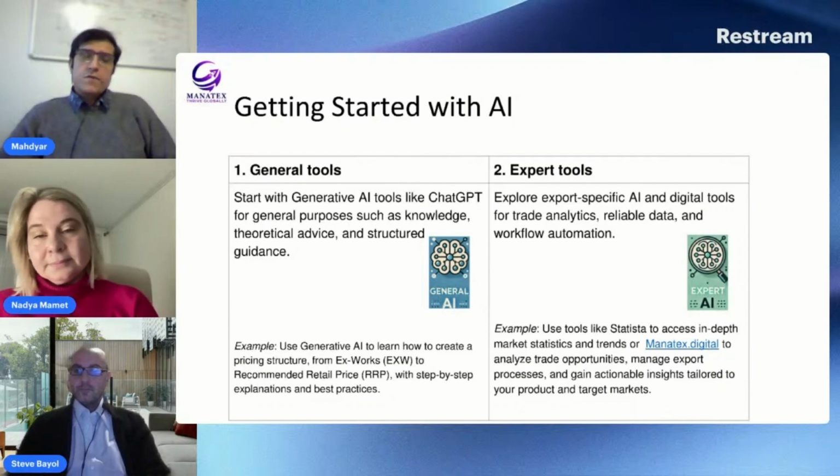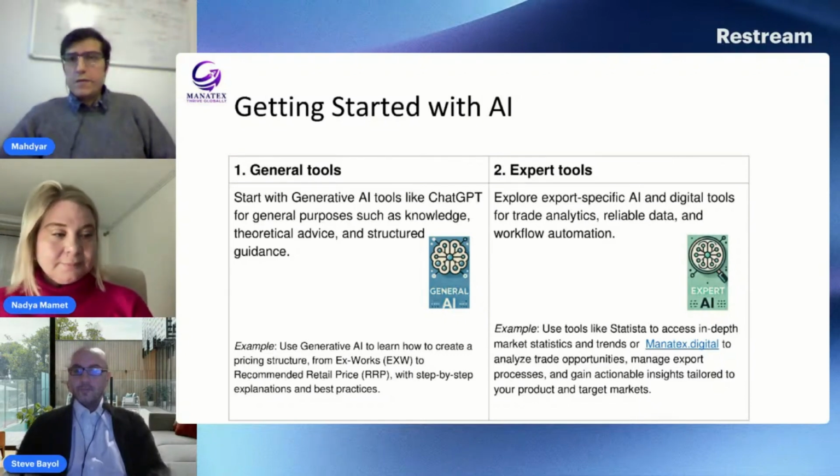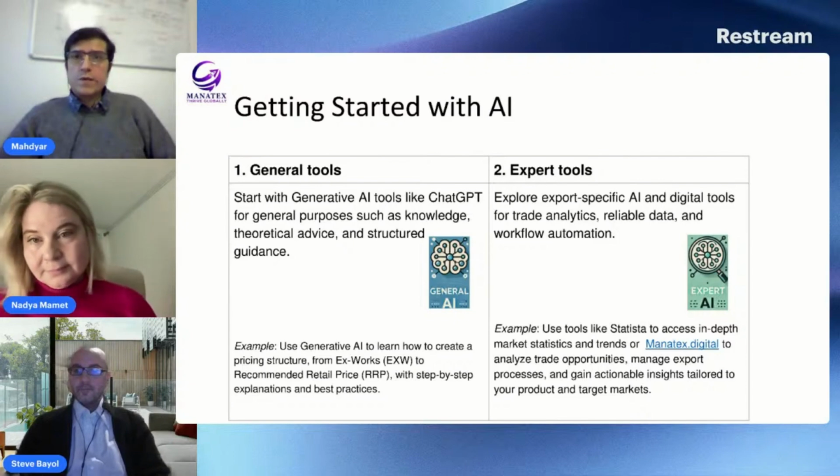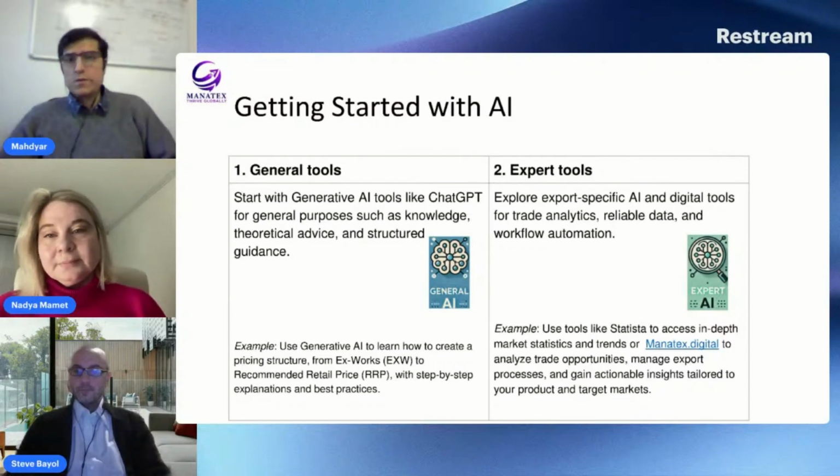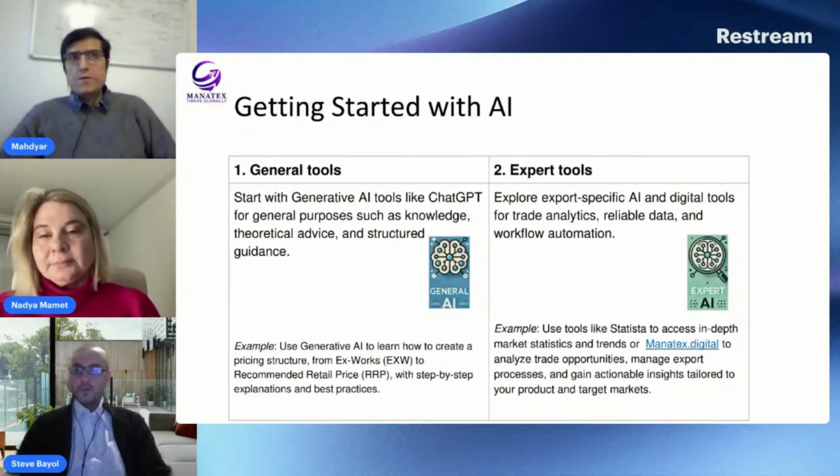For example, if you would like to learn more how to structure your pricing from ex-work to recommended retail price, this kind of AI can give you the instruction how to do it.